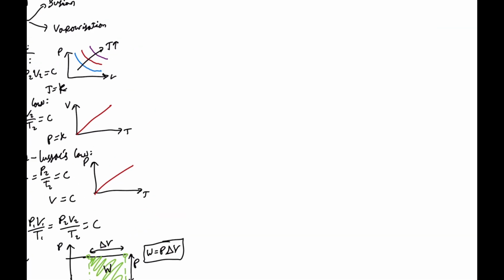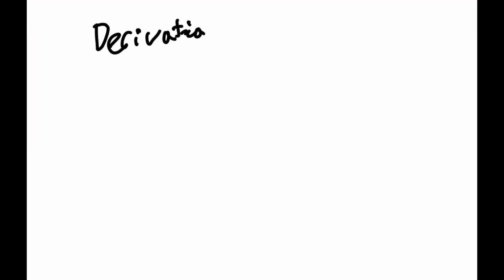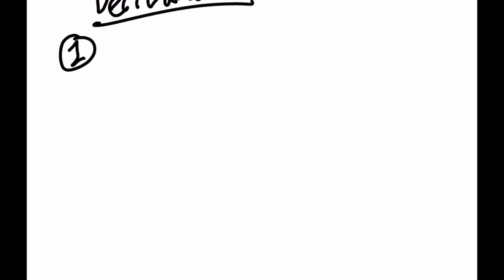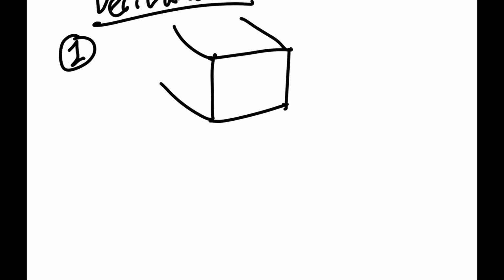Now, let's derive the equation for the pressure of an ideal gas. And let's go in steps. So the first step would be to imagine a box like this. Let's join it all up.